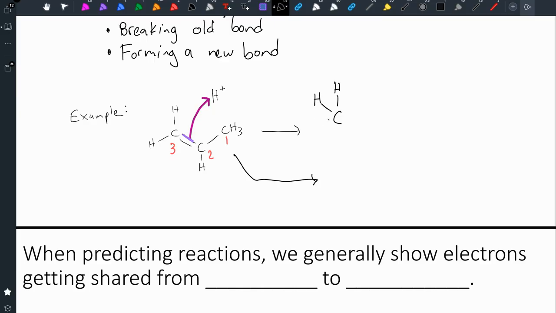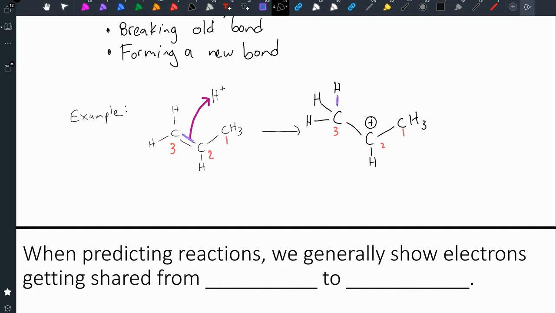So we could be forming a new bond from carbon 3 to hydrogen. In this case, this would be my new bond to hydrogen. And that would leave a positive charge on carbon 2.